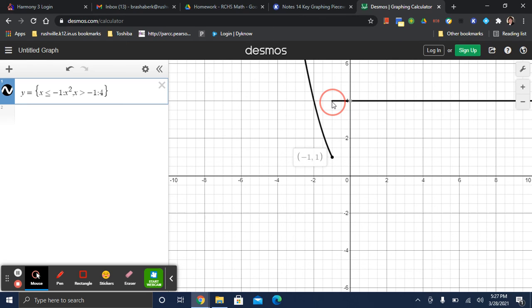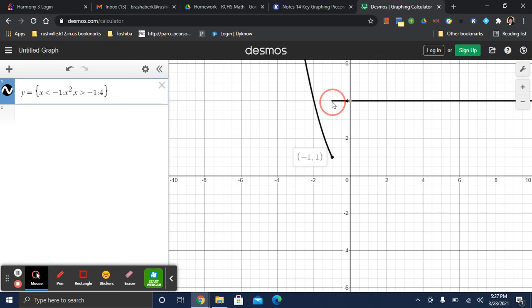Now, this one's deceiving because this one says -1, 1, and yet one of those is an open circle. So that's what I was saying. Desmos is not always reliable. You will have to go by what is in your chart about which one should be a solid dot and which one should be the open dot.